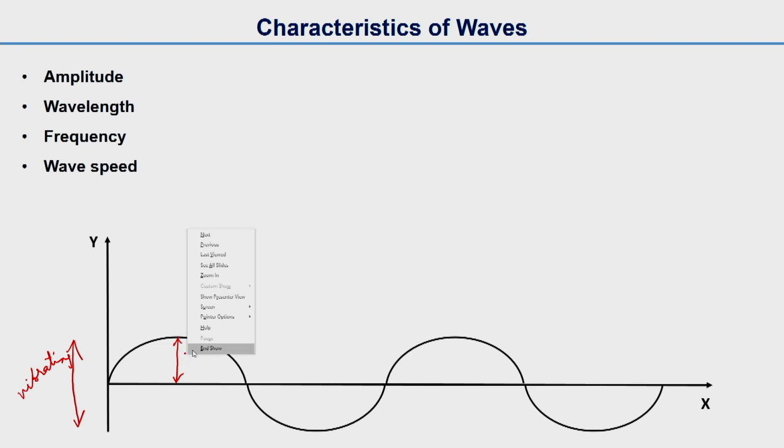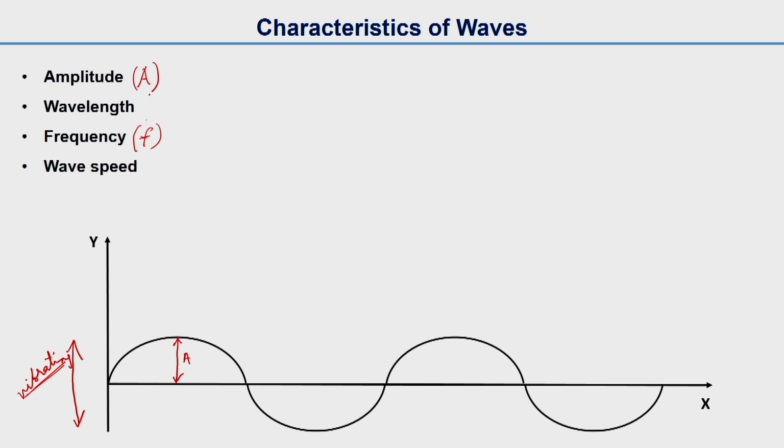Let us write it as A. Amplitude is A. Varying the rate of vibration, if we vibrate faster or slower, will give us the frequency F. If you are vibrating faster, then the frequency is higher. If we are vibrating with less speed, then our frequency is lower.